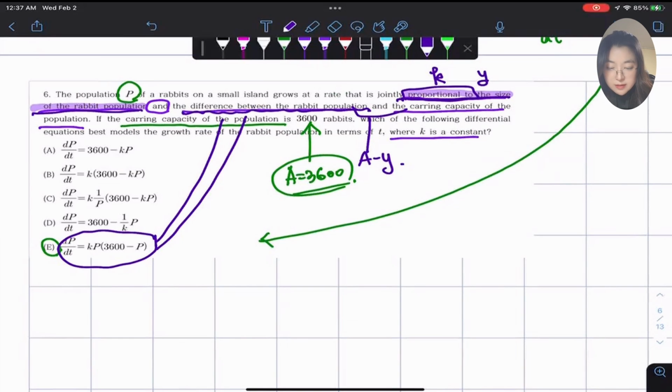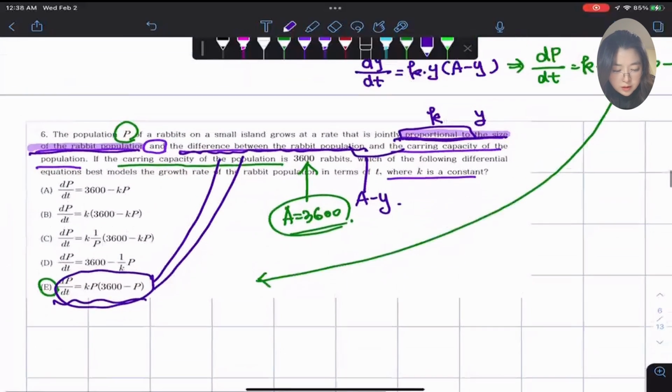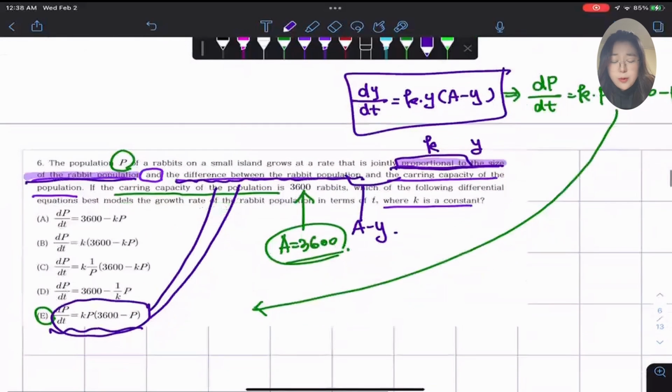So keep in mind these two expressions: proportional to the current population and the difference, or this form, dy over dt equals k times y times a minus y. It is important for you to recognize logistic growth problems. If you identify these problems, you can approach the solution easily.